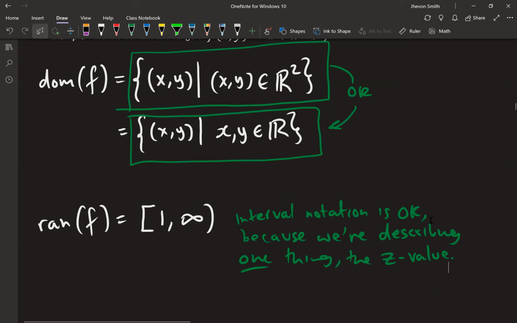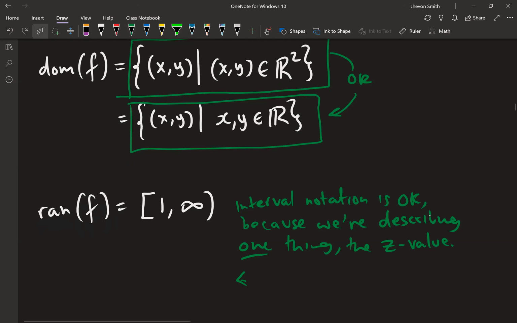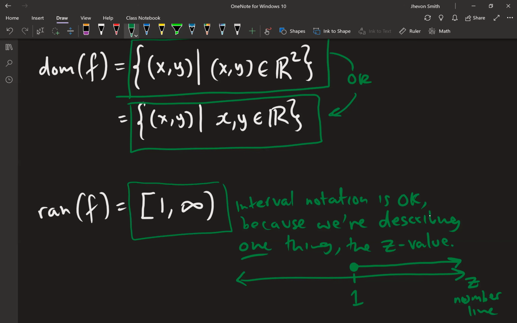So you can think of the z number line, and we're allowed to pick anything that's 1 or bigger on that number line. You're allowed to use interval notation here because interval notation is used to describe one-dimensional things. An interval cannot describe a two-dimensional thing or anything higher dimensional.